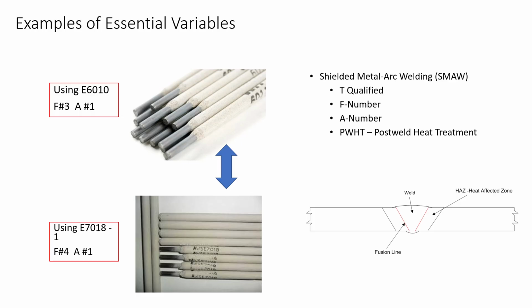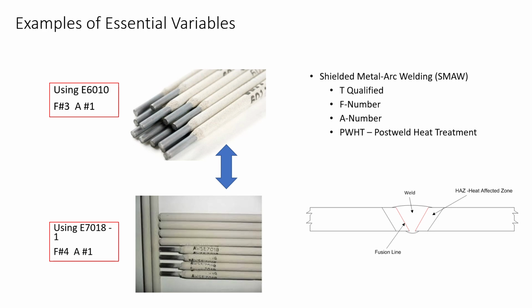Or let's say the top one was 7010 and had the exact same tensile strength as the 7018 below. They would both have 70,000 pound tensile strengths, but their usability, the F number there, even though the A number says that the same chemistry is happening in the deposited weld metal, the F number is different.